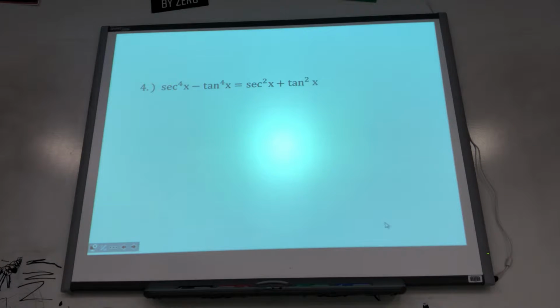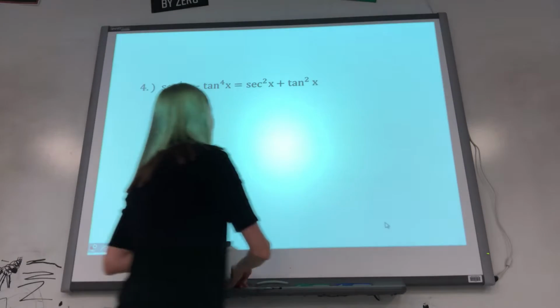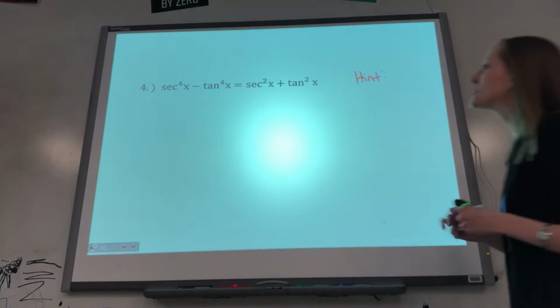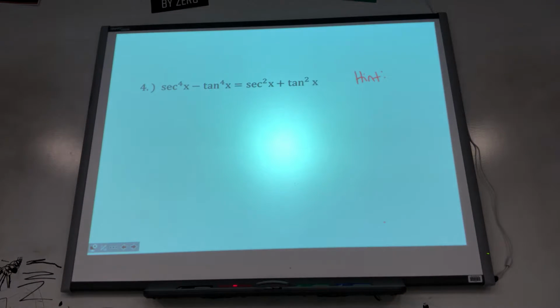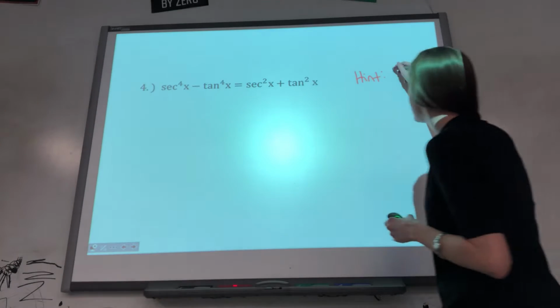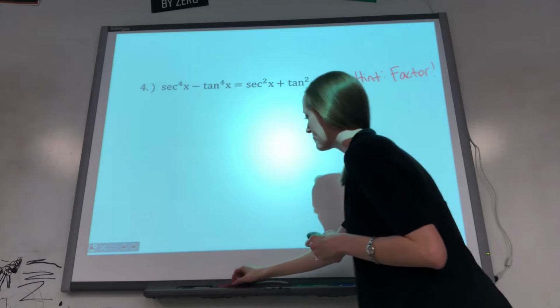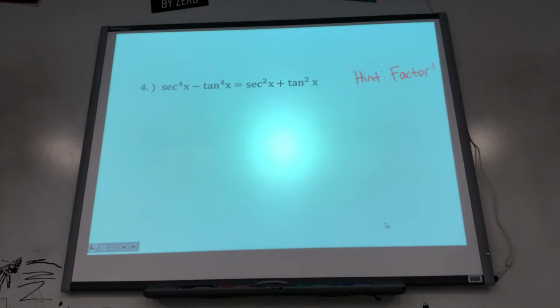Okay, last 2 here, and I'm going to put a hint up on the board for this problem. I always do this on tests and quizzes too. The hint on this is going to be to factor.